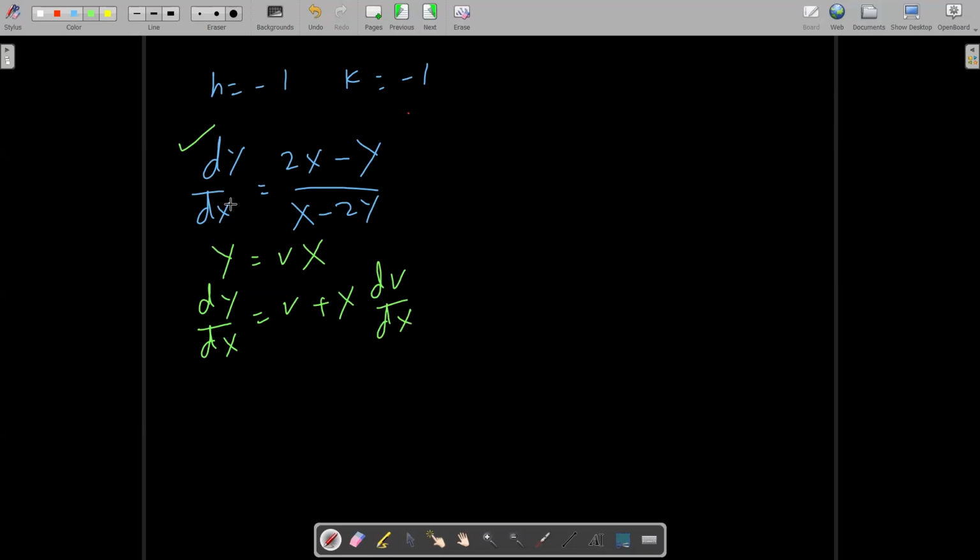Let's plug in these values. dy by dx is v plus x dv over dx equals 2x minus y, which is vx, over x minus 2vx. Got it? Yeah. We have to simplify it and make the differential equation in terms of v and x.